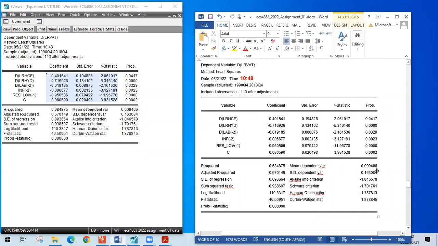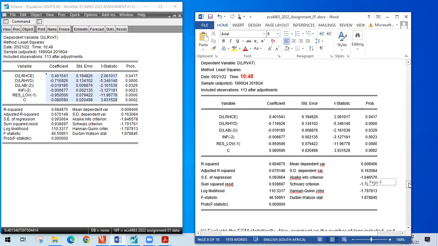First reason, it helps in finding the relationships between variables in the short run, right? It will help us to check whether the variables have significant relationships in the short run or not, right?